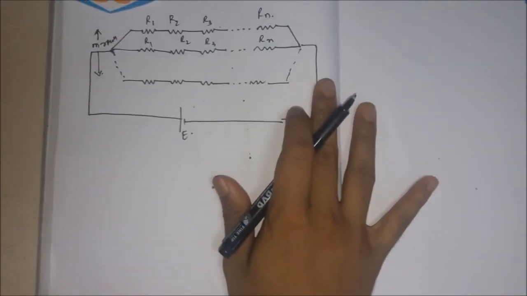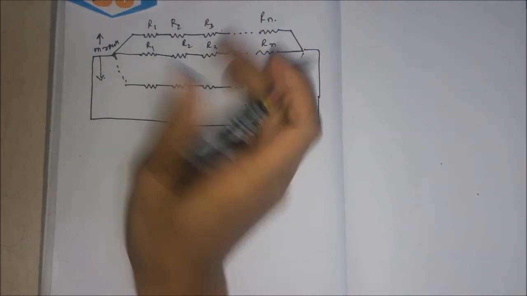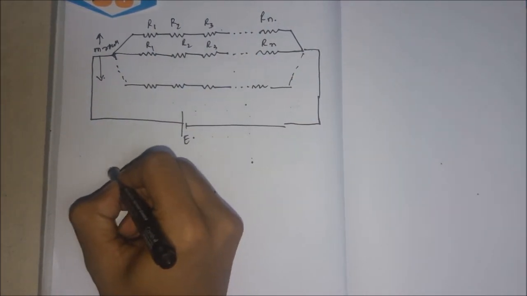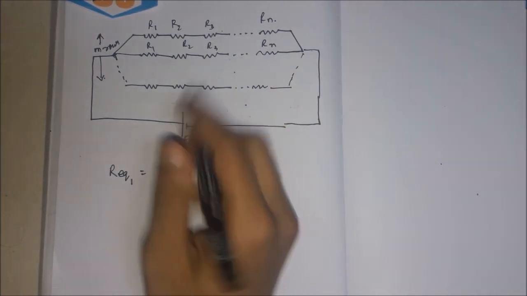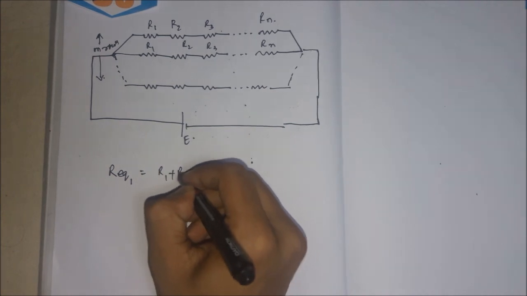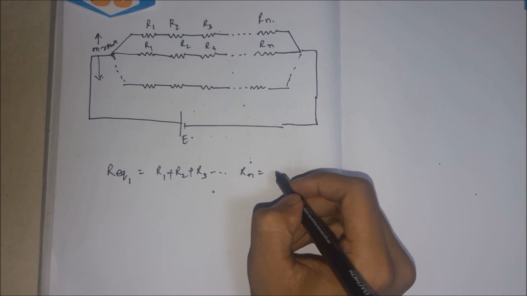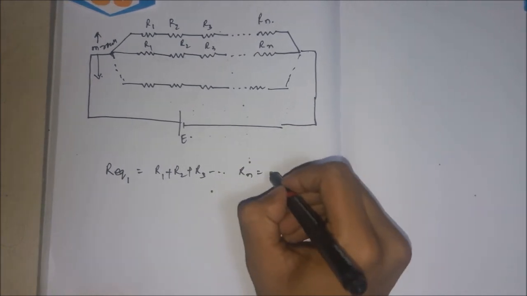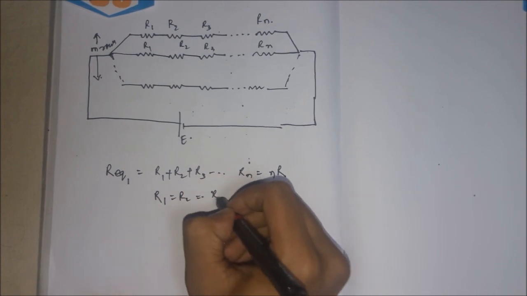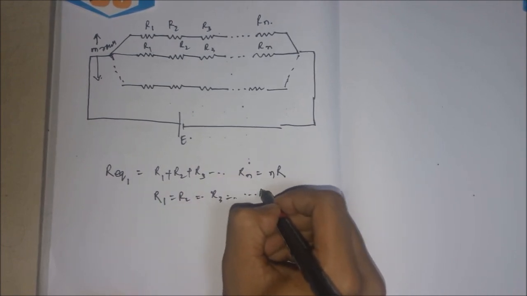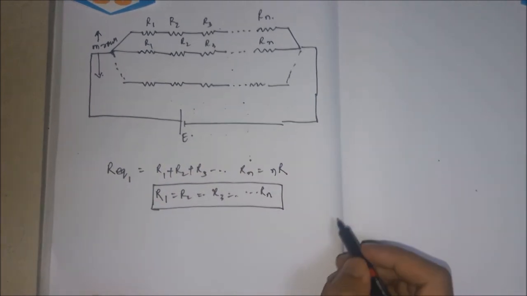Now in the first row, all the resistances are in series, so the equivalent resistance for the first row is R1 plus R2 plus R3 up to Rn, which is equal to nR if R1 equals R2 equals R3 equals up to Rn. That's the given condition.